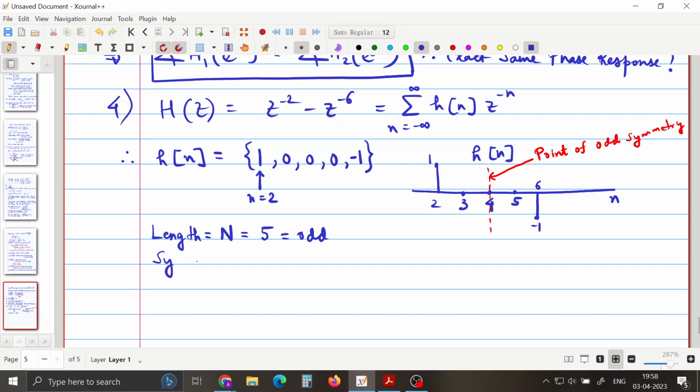The symmetry is clearly odd, because you see at n equals 2 we had the value of h of n as 1, and at n equals 6 we have the exactly equal but opposite value, minus 1. So it's an odd function clearly, so the symmetry is also odd.